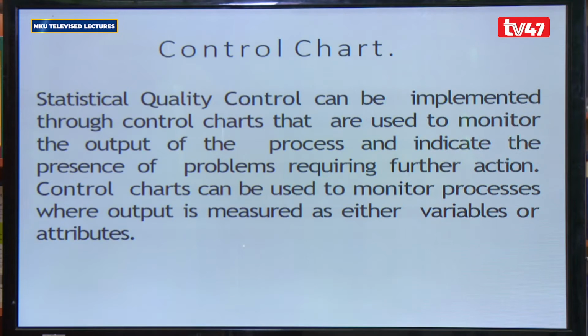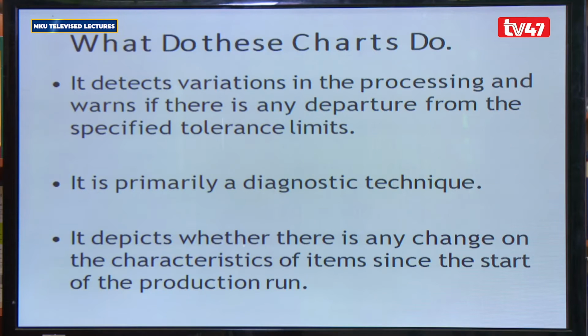So in statistics, quality control can be implemented through control charts that are used to monitor the output of a process and indicate the presence of problems that may require some correction, or it can be used to monitor processes where output is measured as either variables or attributes.